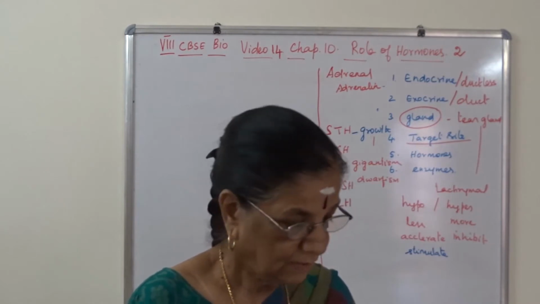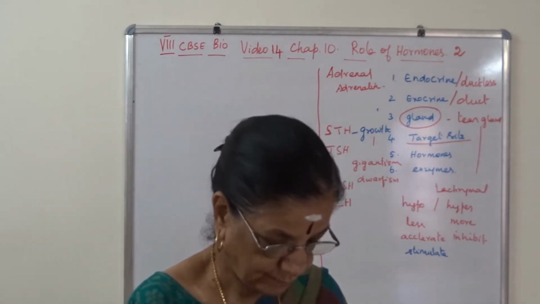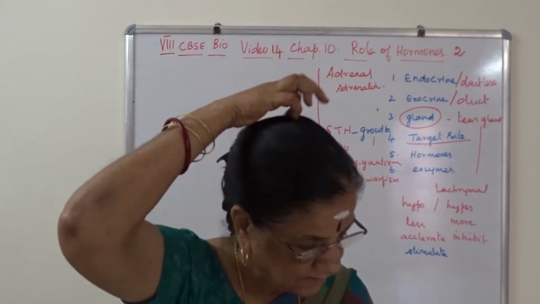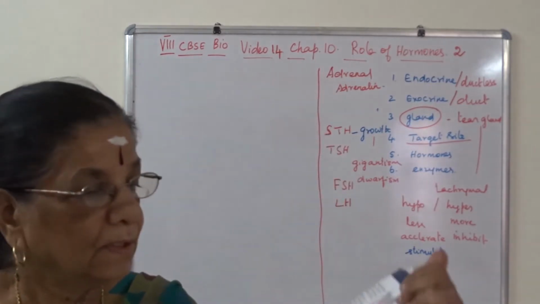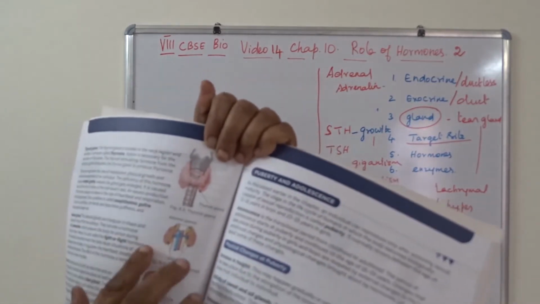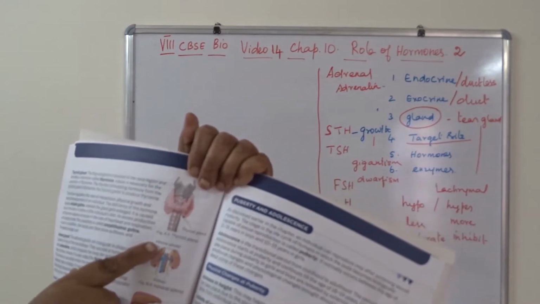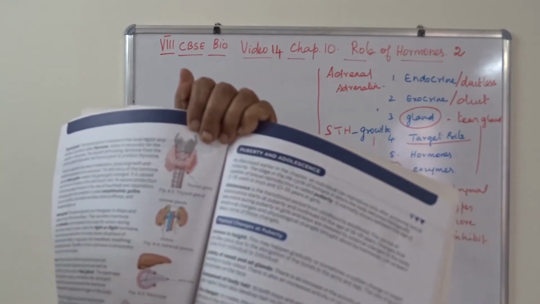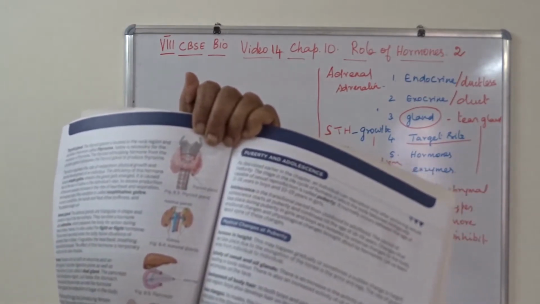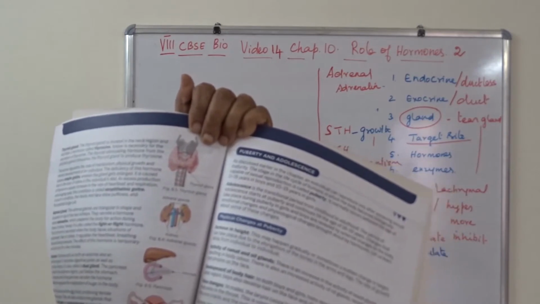One minute. See here, the adrenal gland. Can you see? A pair of kidneys, and above that is the adrenal gland. Are you clear? Can you see clearly?